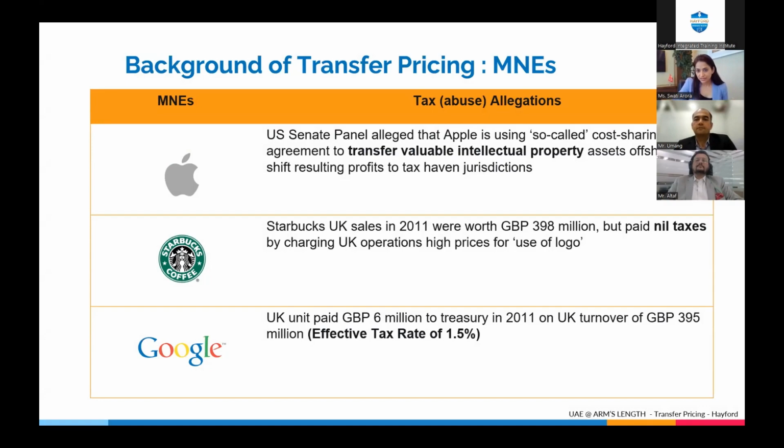These companies used the transfer pricing mechanism to recharge profits from one center to another so that they can park their profits in the low tax regime and hence avoid the taxes.